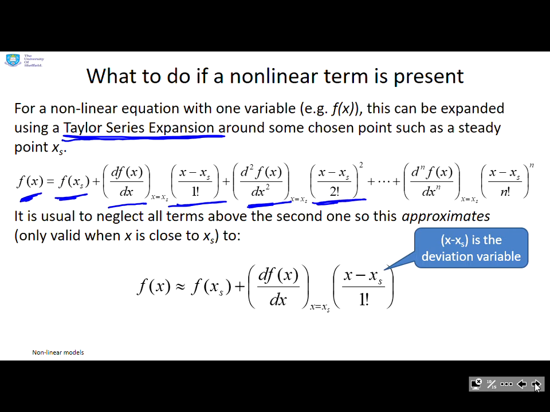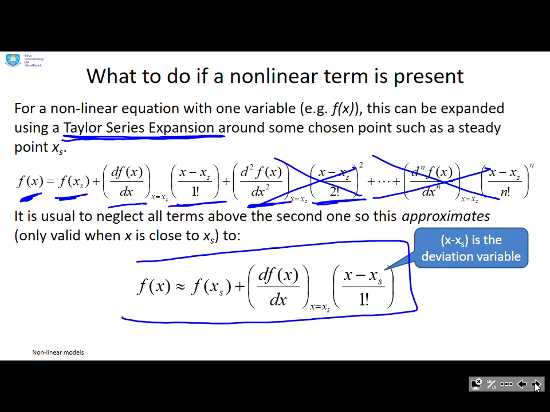Now, when we're doing linearization, we neglect all these higher order terms. We just take the first order term and you end up with this model here. The key thing to note is this deviation variable term. That deviation variable is how far am I away from the point where I did my Taylor series expansion, which will normally be a steady state.